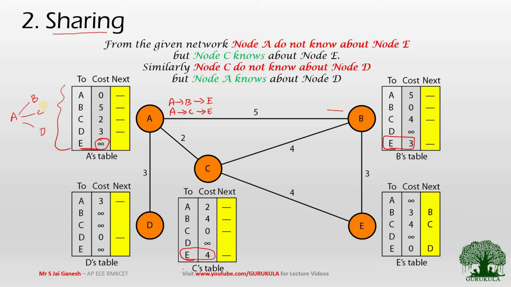This exchange will happen several times. Each and every time a node updates its values, it will send its table to its neighboring nodes.